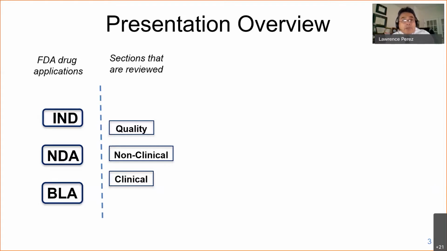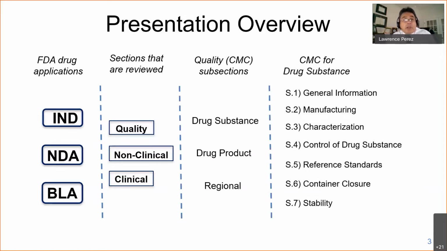For today's presentation, we're just going to talk about some of the issues we see in INDs and NDAs, and we will not be discussing some of the CMC issues for BLAs. Now, the CMC information that we get in the IND and NDA is roughly split between the drug substance, which is the active pharmaceutical ingredient in this new therapeutic, and the drug product, which is the finished dosage that contains the drug substance.